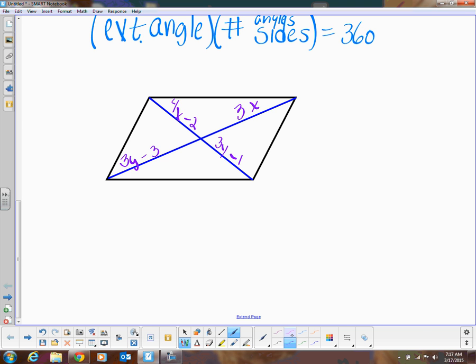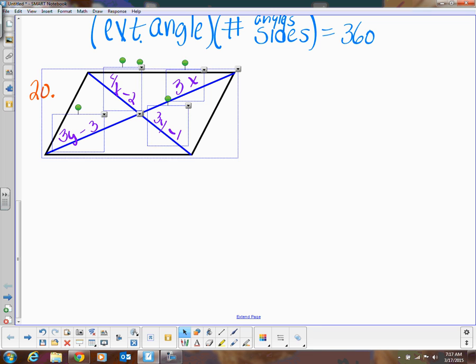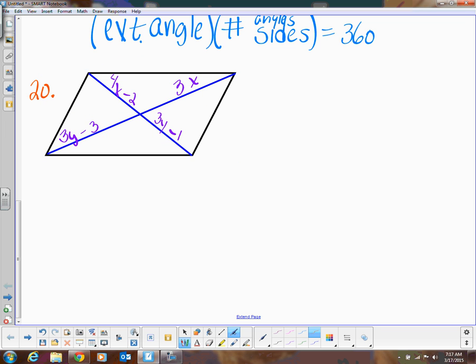So what equations can you set up if this were a parallelogram, what would be true? 3y minus 3 is equal to 3x. What else would be true? All right. So we have two equations.